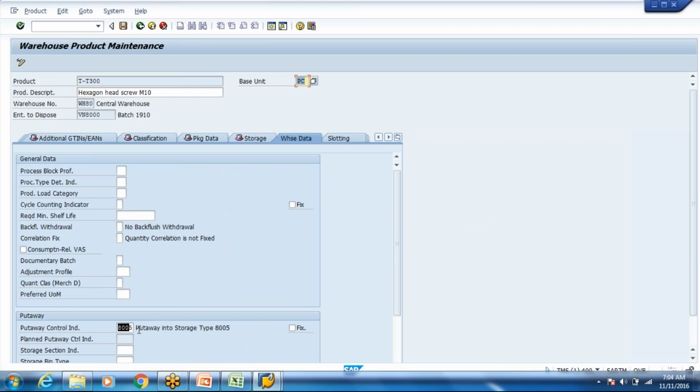You see the indicator here, so accordingly it will go into the 8005 storage type. But in 8005 it has to go and look for a bin. So we are going to maintain that bin in a transaction called bin match.